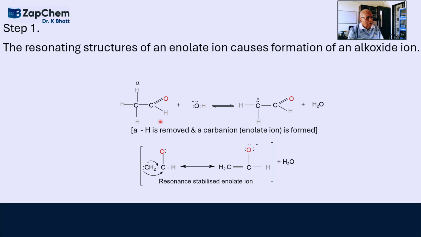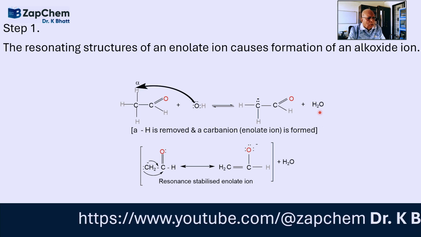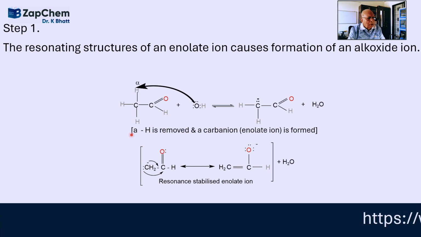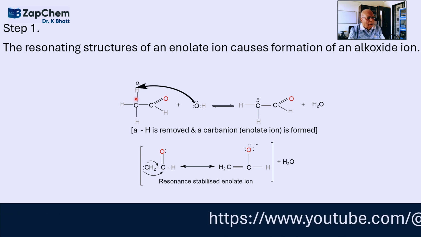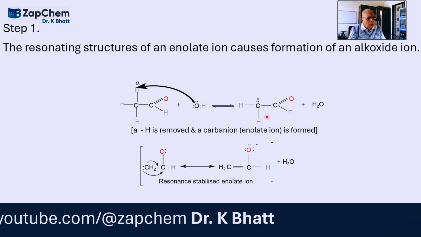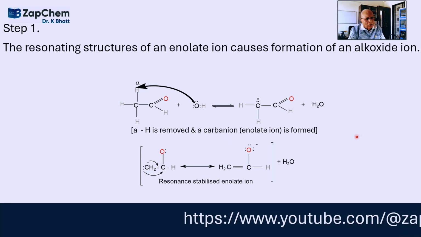Now we find that it might be an aldehyde containing an alpha hydrogen atom. In the presence of a base, the hydroxyl ion attacks the alpha hydrogen atom and takes it up as a water molecule, with the result that the carbon which contained the alpha hydrogen atom is now turned to a carbanion, and this is known as the enolate ion.